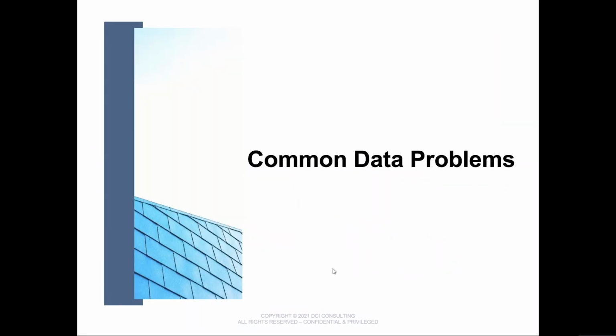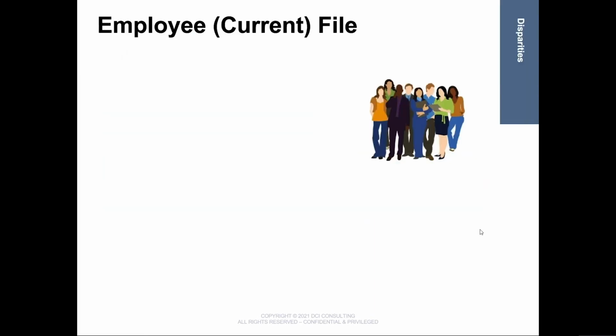So let's talk now about some common data questions. Data problems. In the employee file, we see this quite often: if you're allowing your HR staff to hand type or pick from lists that don't have a code with them, we'll see same title, different spelling.